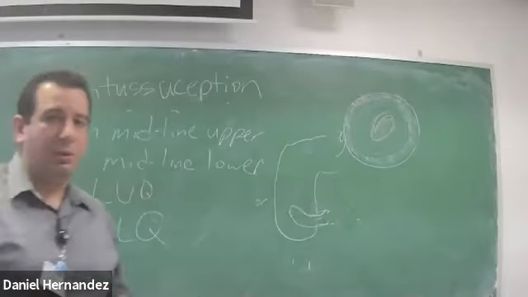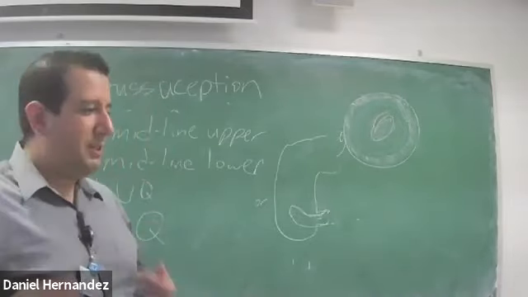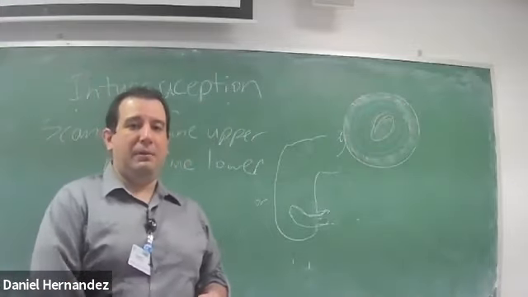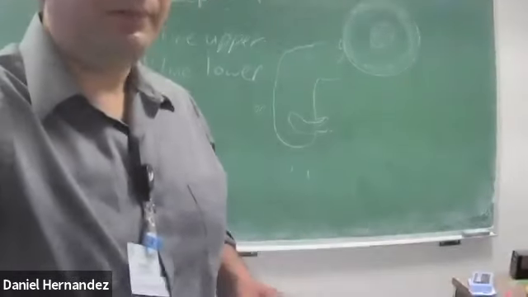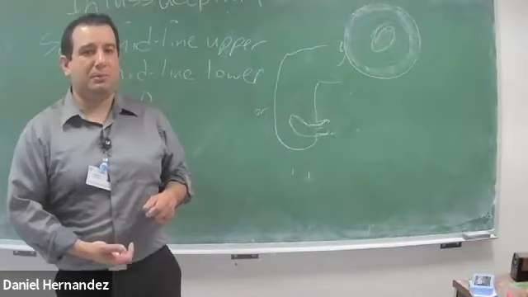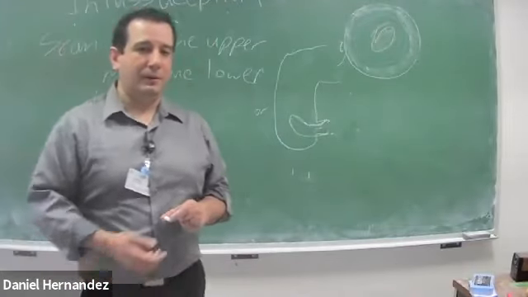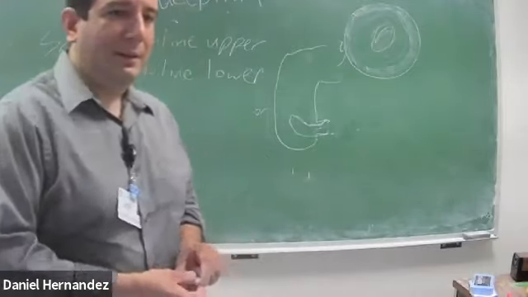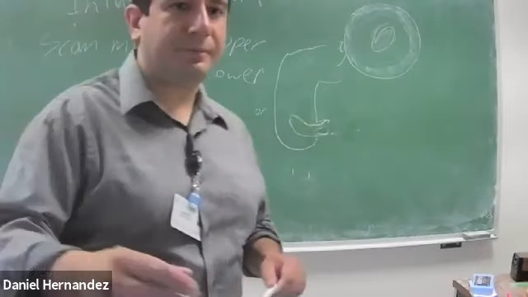So essentially, we're doing all four quadrants the same way, transverse, long, still images, sweeps, as well as the midline upper and midline lower quadrants. Essentially, your midline lower is going to be your pelvic region, or just above the bladder. So all four quadrants plus the midline. That way you know you've covered the entire bowel.